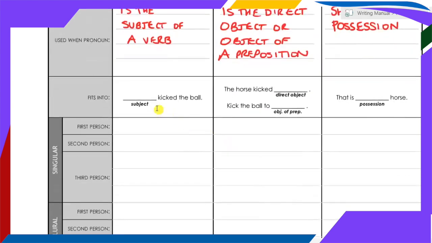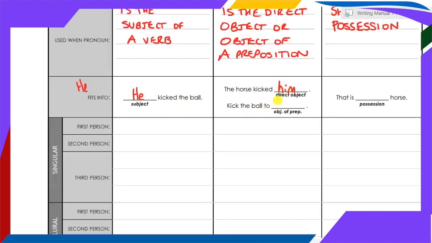These 3 little constructs here, these 3 examples should show you how this all works. If we consider the pronoun he, for instance, and we are thinking, well, which form of that pronoun do we put into this blank? We would indeed say he. He kicked the ball. But here, we wouldn't say the horse kicked he, we would say the horse kicked him.